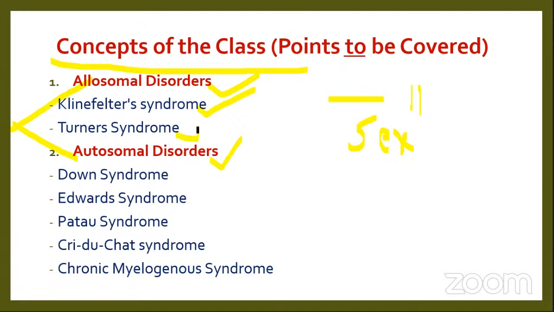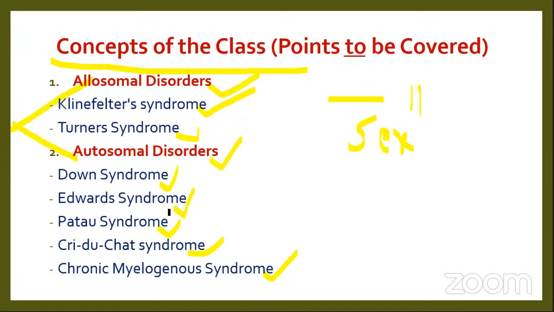These are two allosomal disorders. There are several autosomal disorders, and we have selected the important ones given in the textbook: Down syndrome, Edwards syndrome, Patau syndrome, Cri-du-chat syndrome, and chronic myelogenous leukemia. These are the different syndromes that we are going to cover.